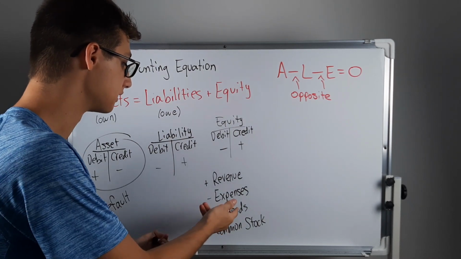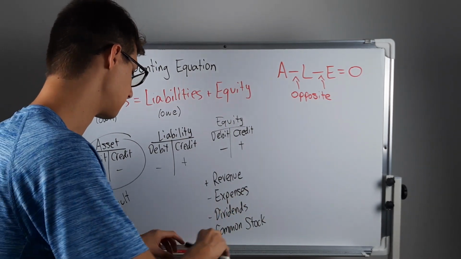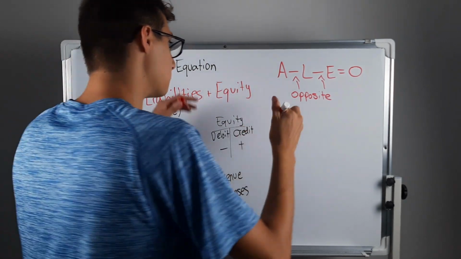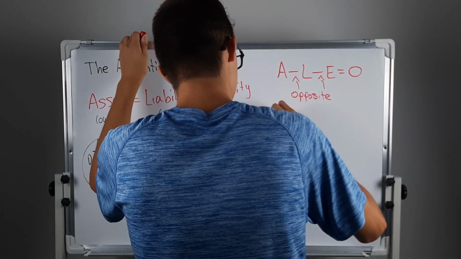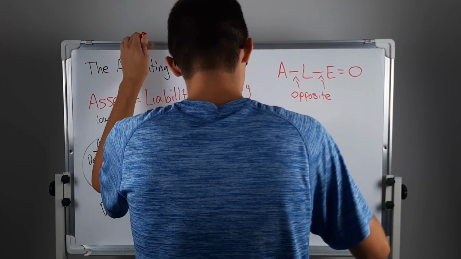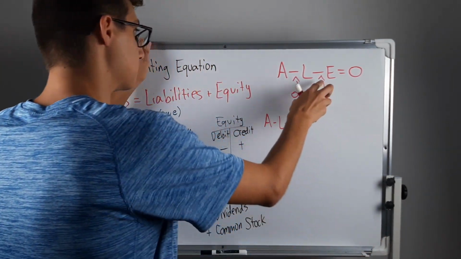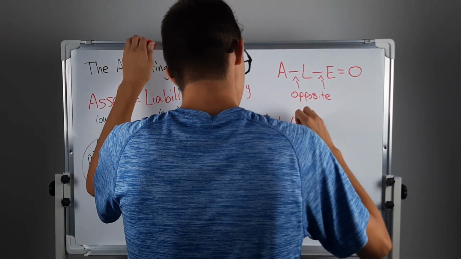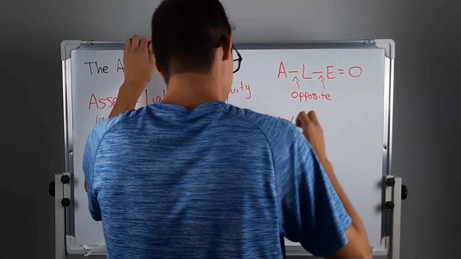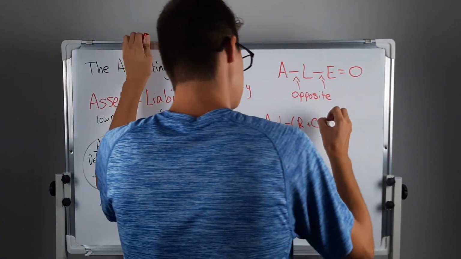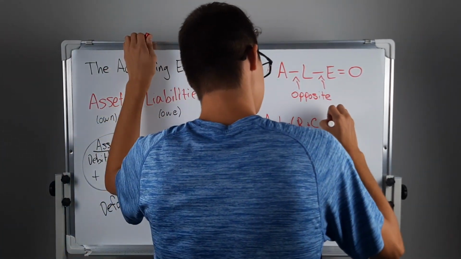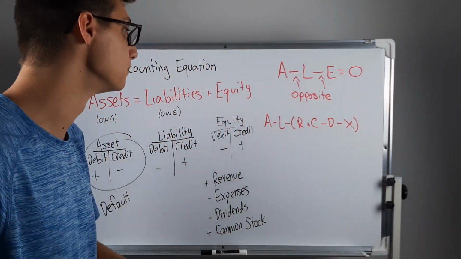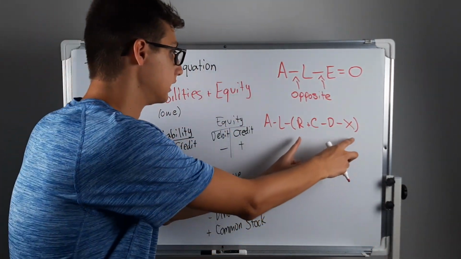Now then you have these exceptions of expenses and dividends. So let me include all this. We'll have assets minus liabilities, and then minus the sum of revenue plus common stock, and then minus dividends, and then minus expenses, which I'll call X because we've already used E. So this is equity here.